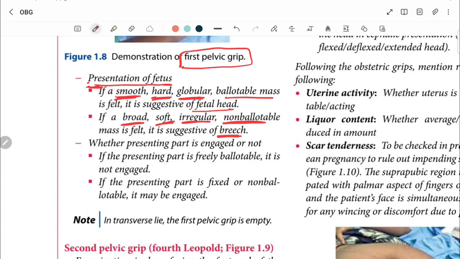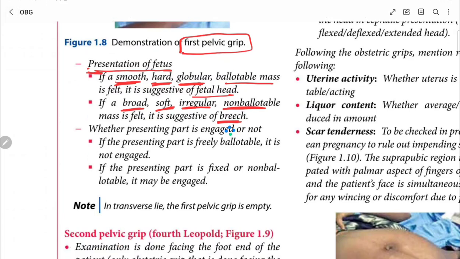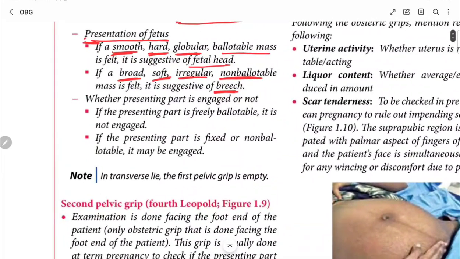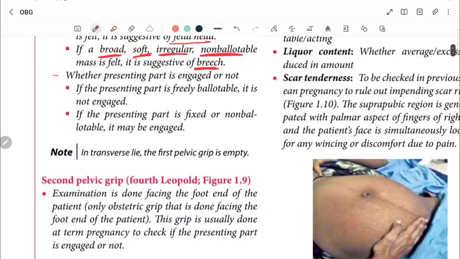Whether the presenting part is engaged or not, how will you check? Suppose if the presenting part is freely ballotable, then it is not engaged.